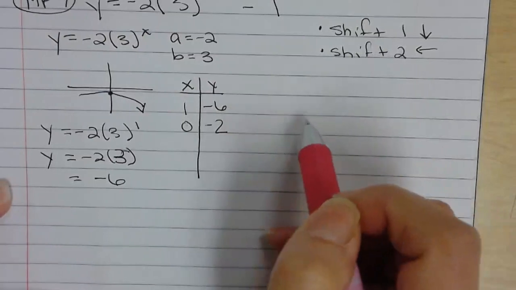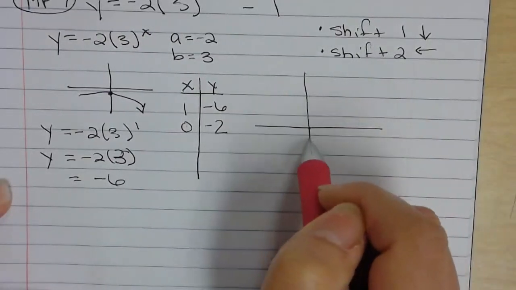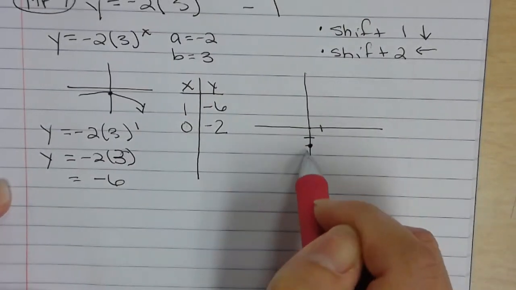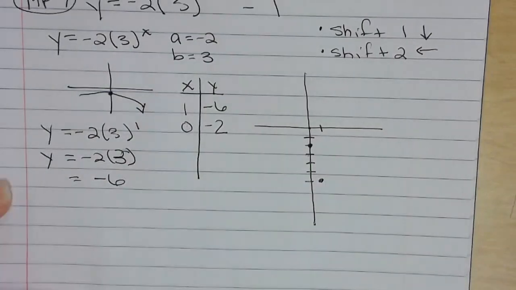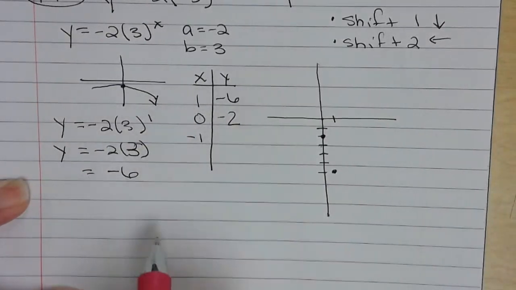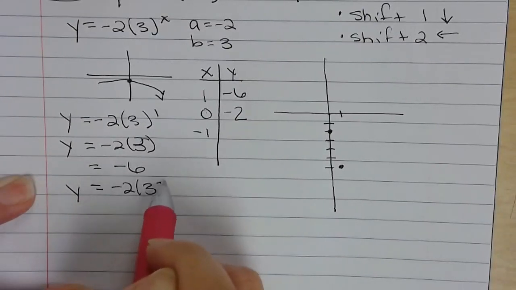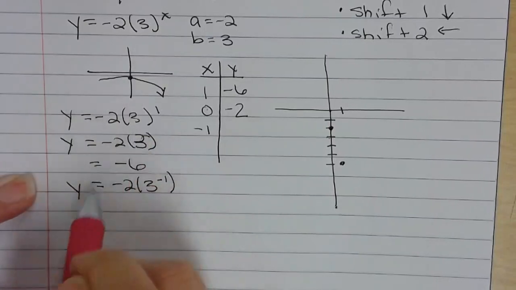So now I go to 1, -6. Let's draw a better graph, because that's just my sketch. So 0, -2. 1, -6. 2, 3, 4, 5, 6. Okay, let's pick a negative number. We'll pick -1. So y equals -2 times 3 to the -1. 3 to the -1 turns into the reciprocal.